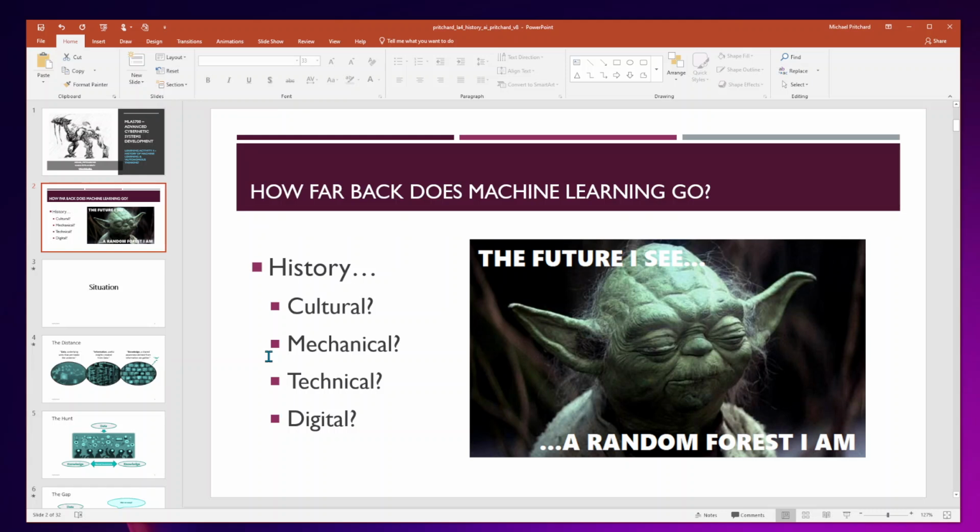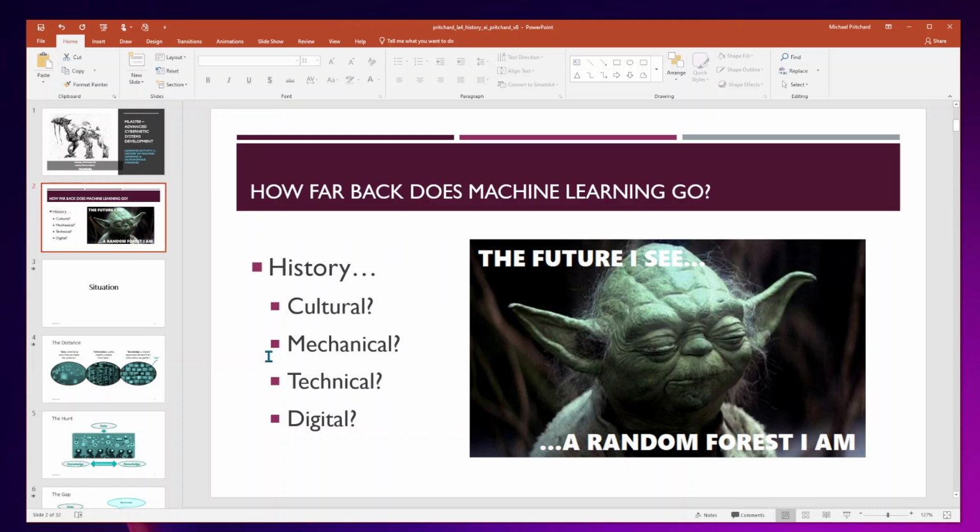I did have a lot of new stuff in there, and so I start off with how far back does machine learning go? When you ask that question to people, whether it's culturally, mechanically, technically, digitally, you of course get different answers, but regardless, if you think about it historically, the concepts and precursors of machine learning go back really, really far.